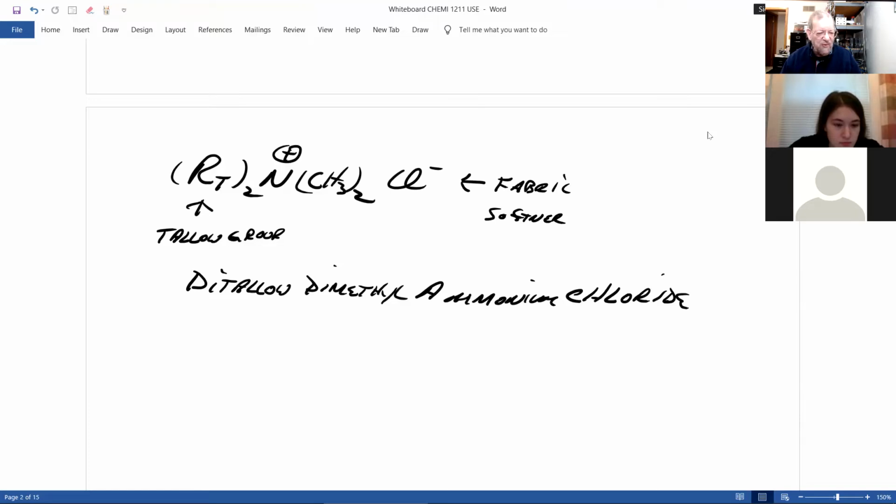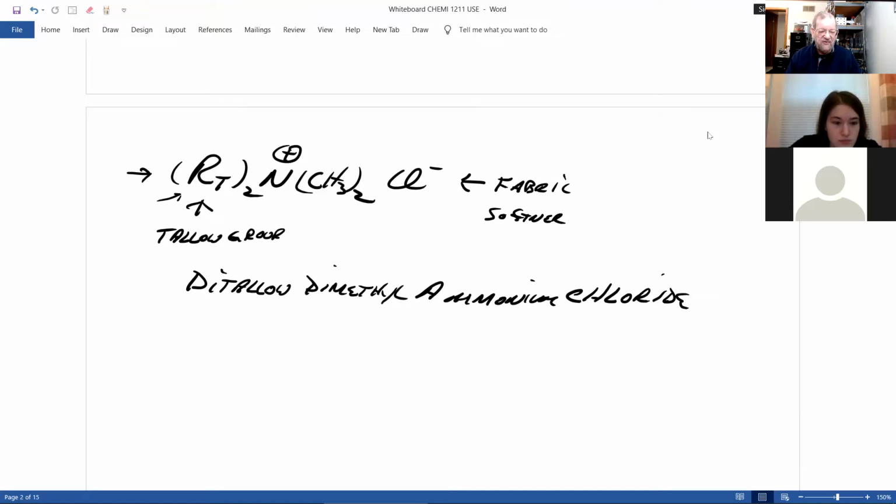They've since found a way to replace this group with something cheaper that's also a tallow type group, but it's cheaper. But until even today, about 40–50% of fabric softener is this molecule.